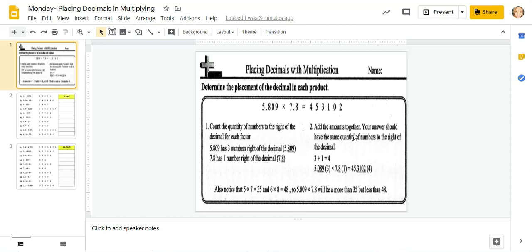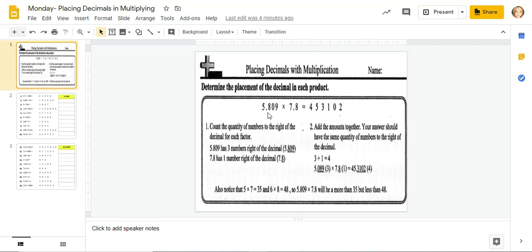So add the amounts together, not for your answer, but you're going to add these amounts together. So 3 numbers plus 1 number. Your answer should have the same amount of numbers to the right. So 3 here, and then 1 here is going to equal 4 total numbers.